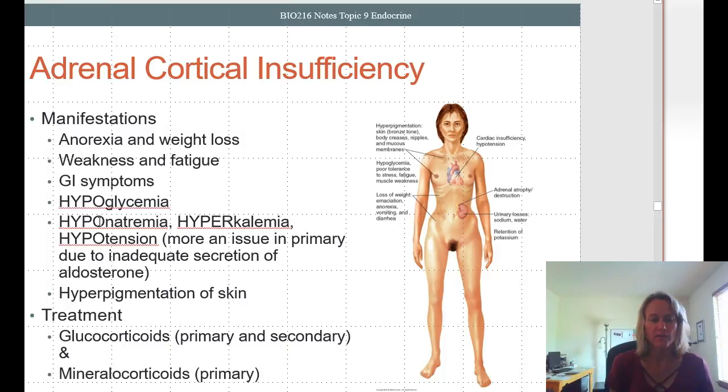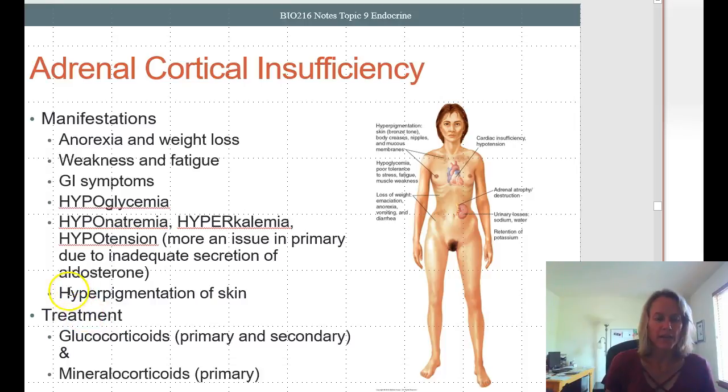But cortisol is only released in response to ACTH, so if ACTH is low, it's going to be most affected. But if you have a primary disorder, in other words, it's within the adrenal cortex and it is hyposecreting both hormones, then you're going to see a more pronounced effect of hyponatremia, hyperkalemia, and hypotension.